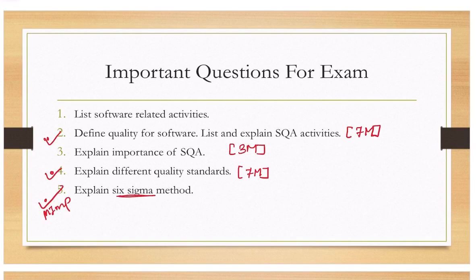Then we have to define all the steps of Six Sigma, that is DMAIC and DMADV, right? This is also asked in 7 marks or maybe 4 marks. Most important question, that is Six Sigma and define quality software and explain SQA activities.